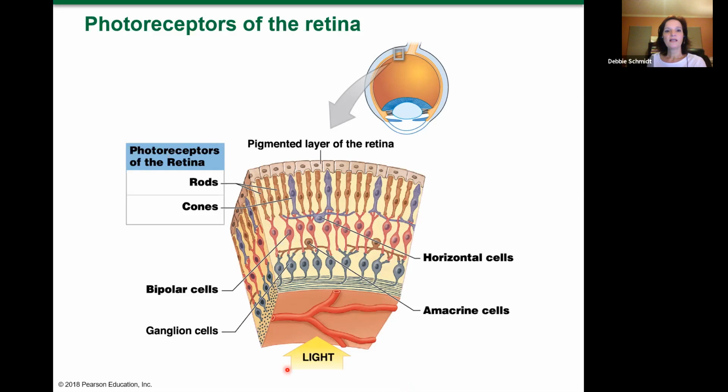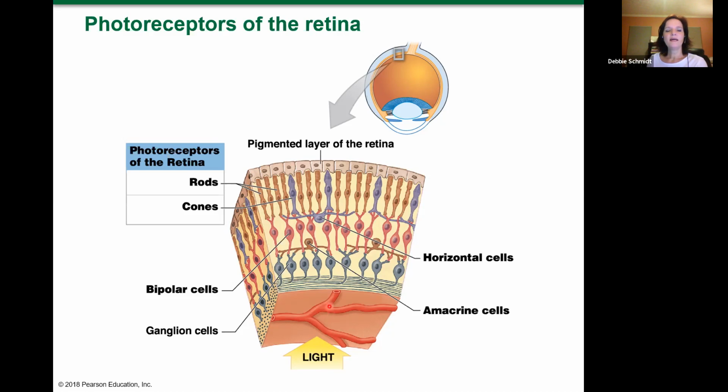Notice here, this is a section out of the back of the eye, near that fovea centralis. Light is going to pass first through the choroid, right? We had to pass through the vitreous humor. We're going to hit the choroid. And then we're going to come down here and, oh no, that's not choroid, sorry. This is a blood vessel in there.